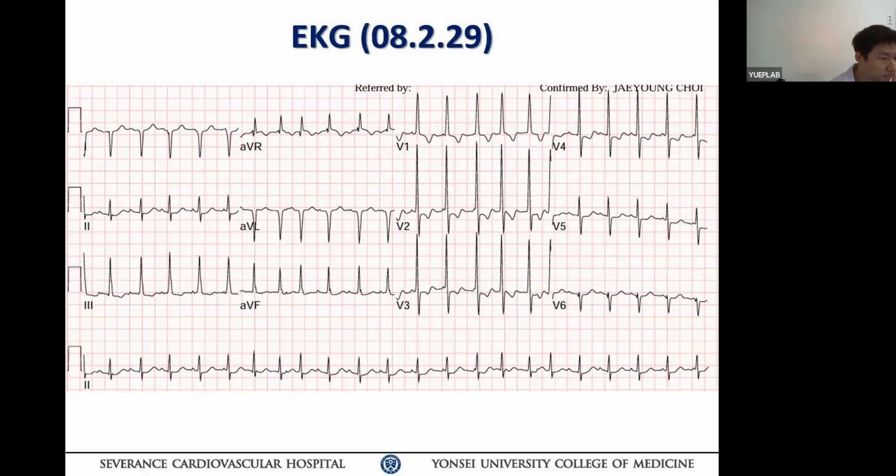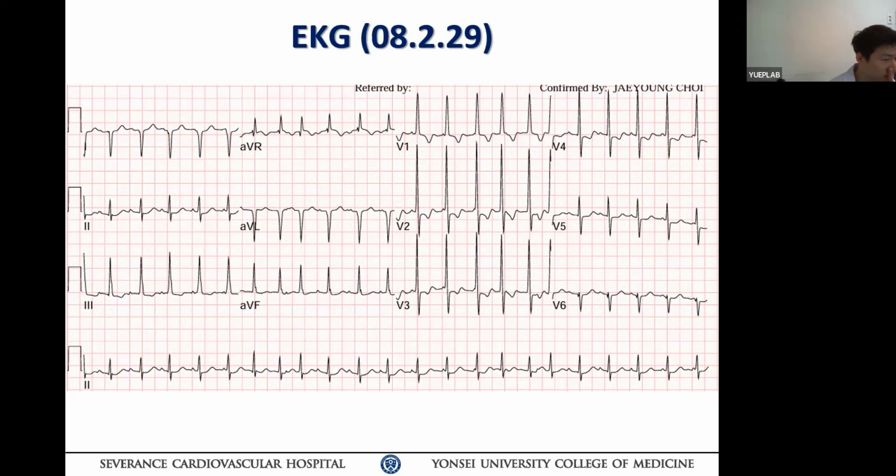For the rhythm, the P and QRS are dissociated, but the rates look about the same. So likely an isorhythmic dissociation.